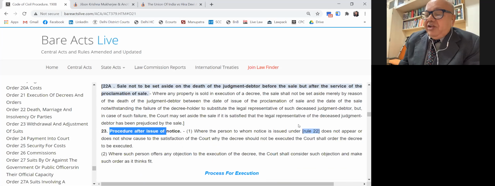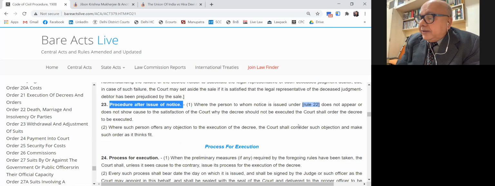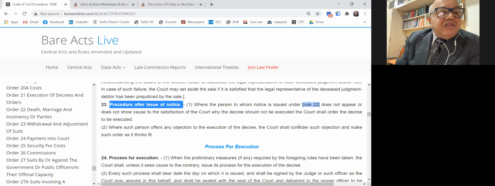Now, what procedure does the court follow after issuing notice? The judgment debtor has the opportunity to file his objections. Kindly note that he has a right to place his objection as to why the decree should not be executed.